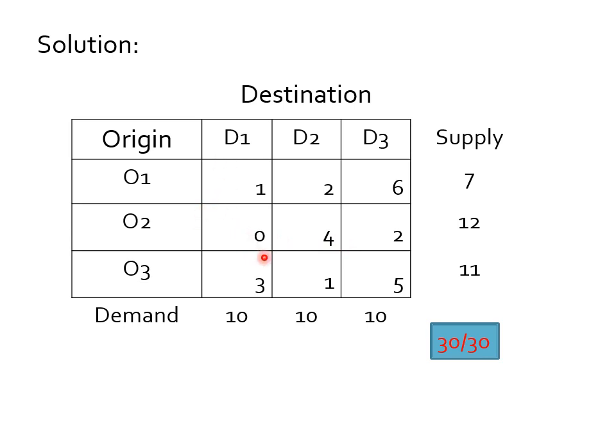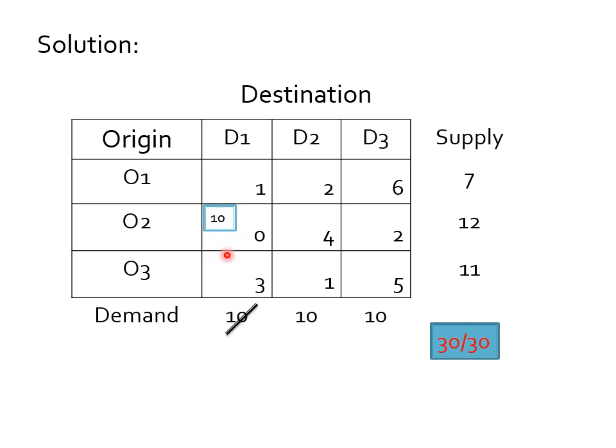So this is the least value, and we start our allocation from this place. For this cell, we see supply as well as demand. Whichever is minimum, we allocate that. Here demand is minimum compared to supply, so allocate demand 10 to that cell.